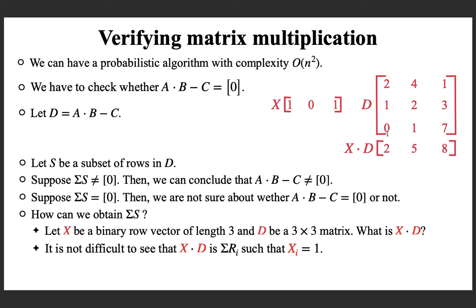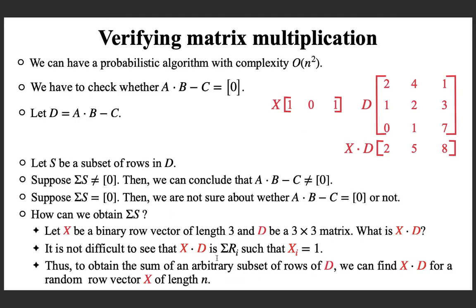That you can easily verify from the equation for matrix multiplication. So wherever you put a 1 in the row vector, you are including that row, and if you put a 0, you are not including it. See that it is a binary row vector. So that is a way of getting a subset.